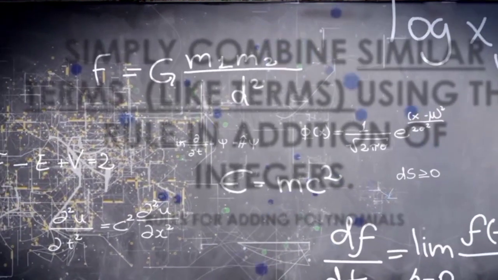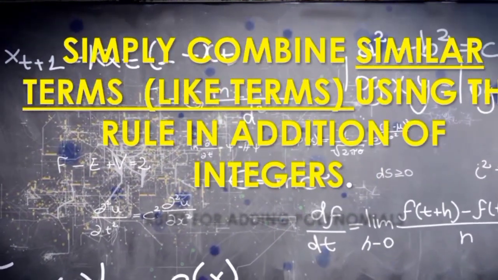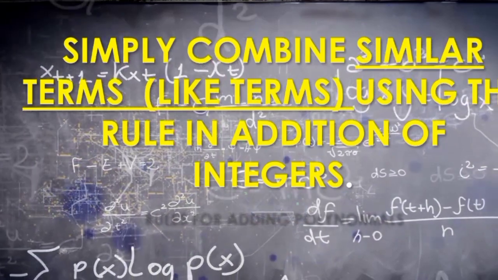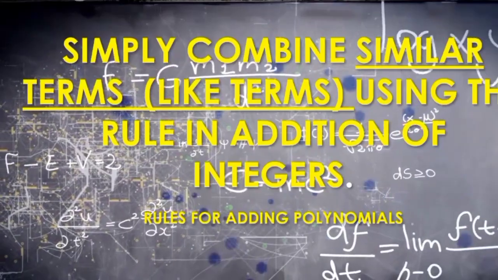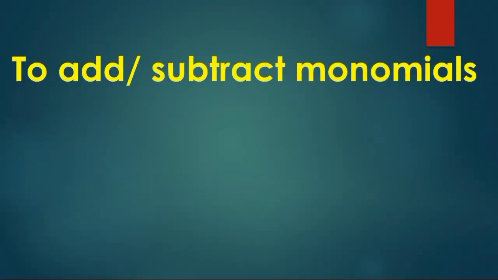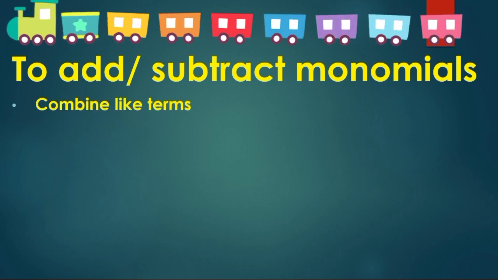To add polynomials, we simply combine similar terms using the rule in addition of integers. So to add and subtract monomials, first we need to combine like terms.